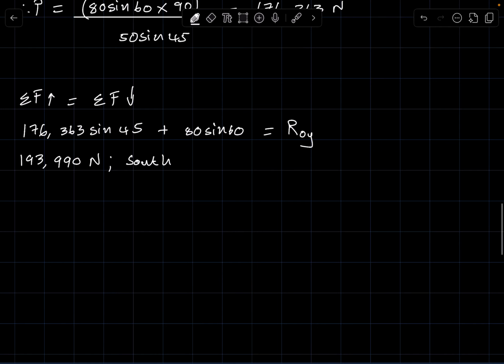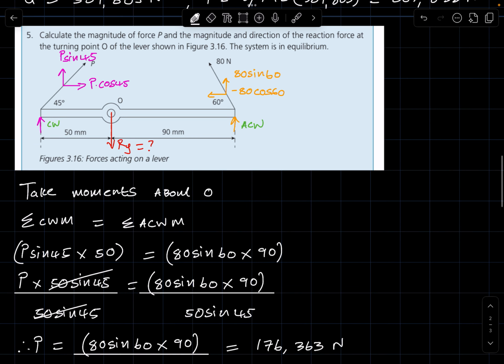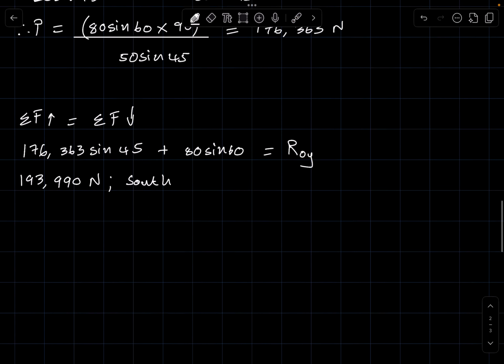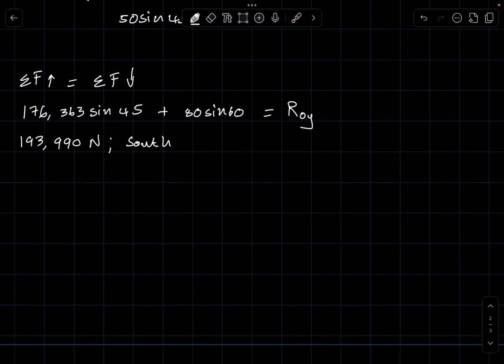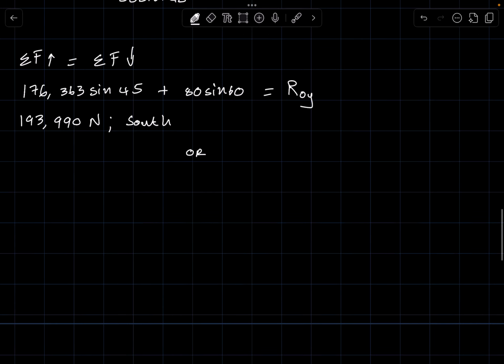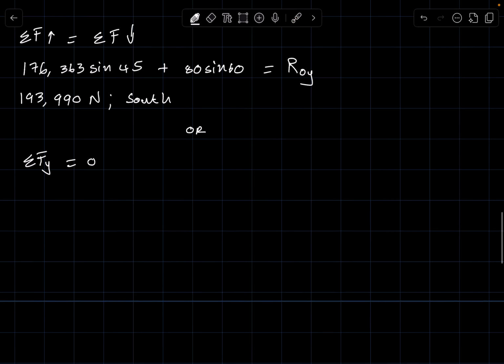Another way you could have done this, had we not thought about it from a practical perspective, is to say the sum of forces in the y direction is equal to 0. We know this because we know the system is in equilibrium. Forces going up you take as being positive, of course.